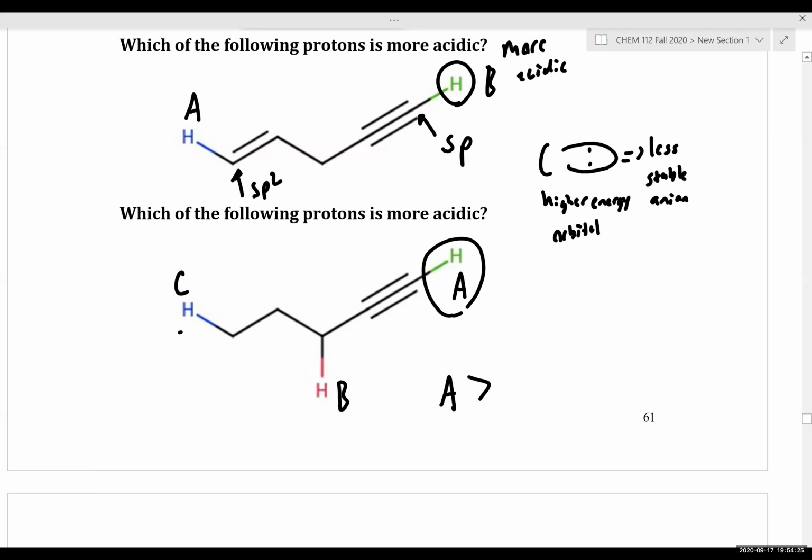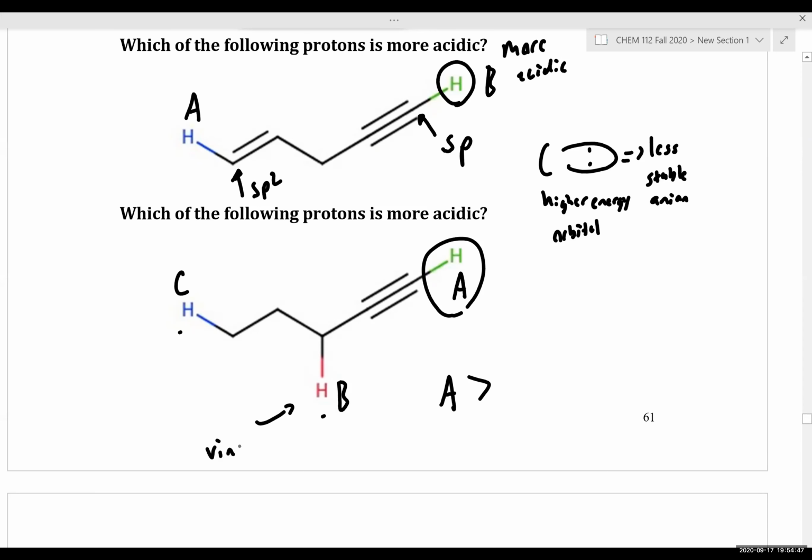Now if we compare B and C, which proton is more acidic, B or C? Or are they the same? Proton B is more acidic. And why is that?